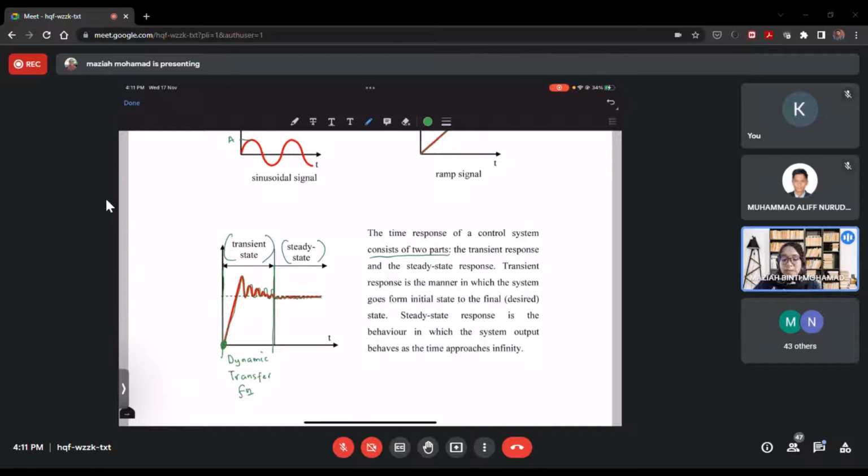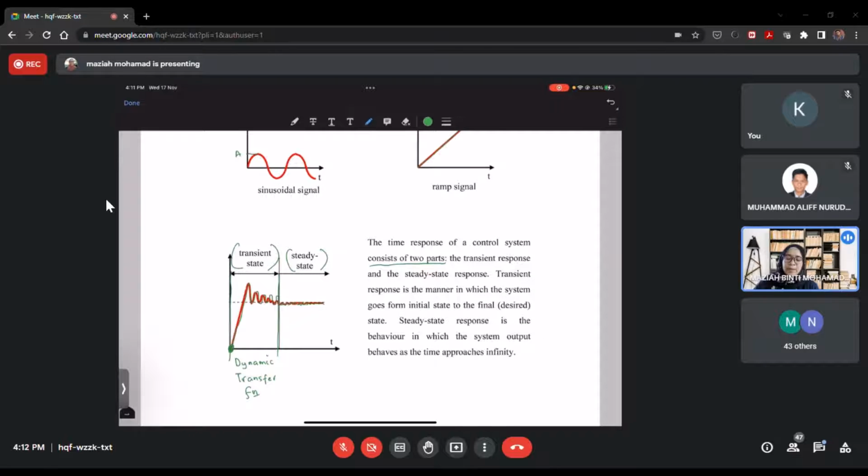As for the steady state region, the value or the performance at the steady state region will be defined by the static transfer function. Later, from the transfer function, you'll be able to see there's a parameter that defines the transient state behavior. There is also a parameter that will define the performance at the steady state region.